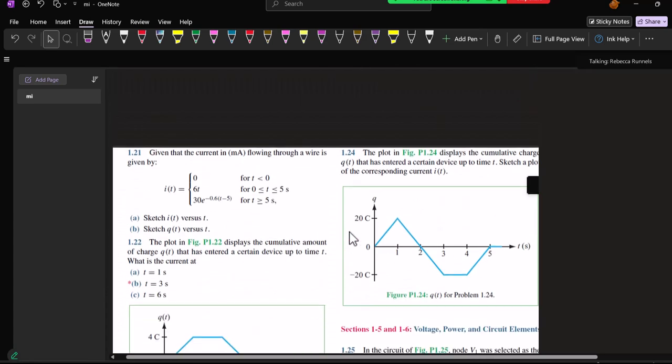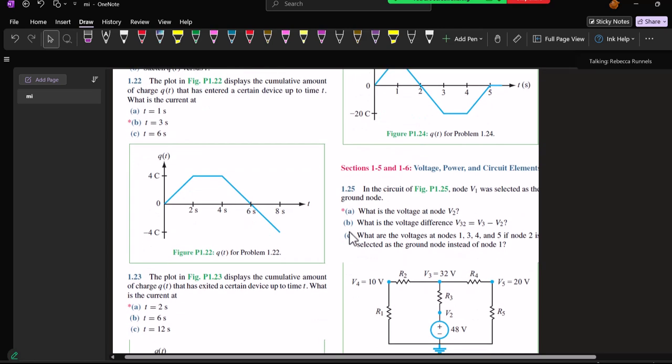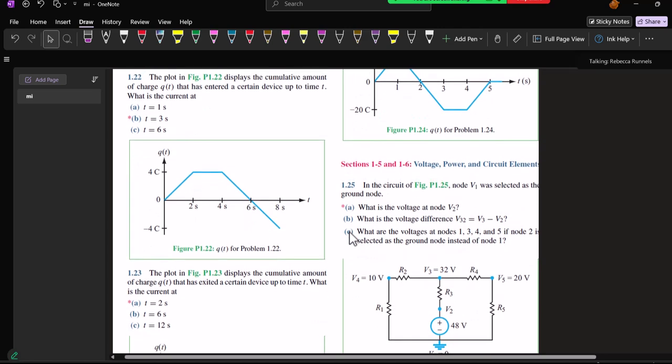All right, so the top one. The plot displays the cumulative amount of charge that has entered a certain device. What is the current at these various different times?